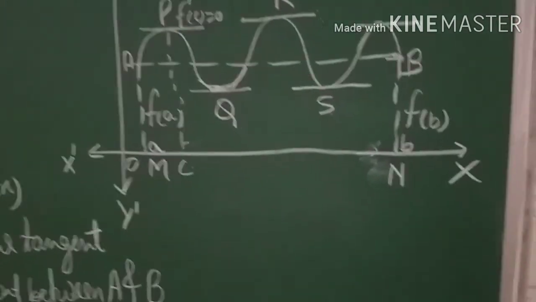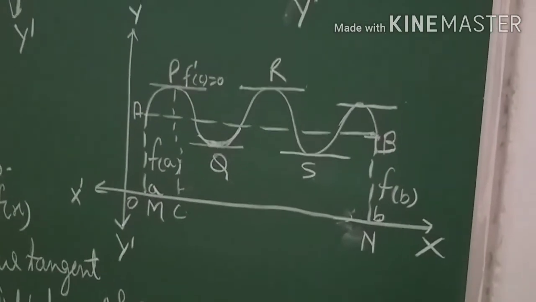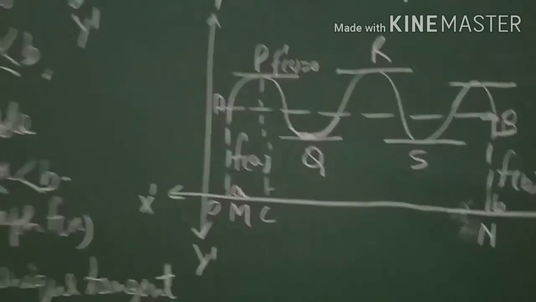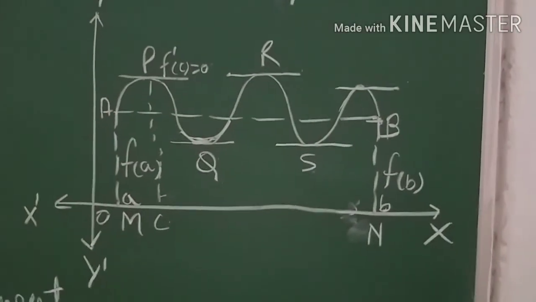So according to Rolle's theorem, there should be at least one point at which the slope of the tangent is 0.